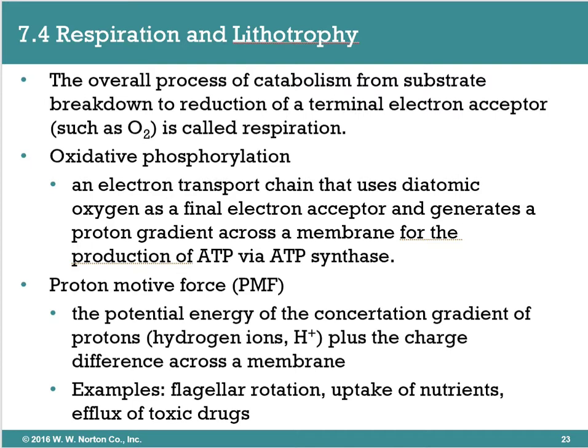The reason respiration is so important to them is so they can actually survive. In oxidative phosphorylation, you have electrons floating around, and you also have oxygen. Oxygen picks up these electrons, so it's known as the final electron acceptor. Then it generates a proton gradient outside of the membrane.